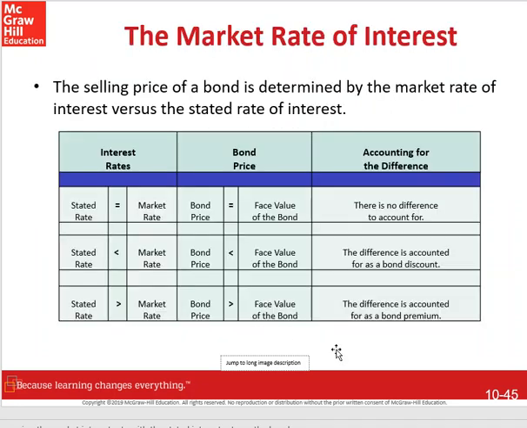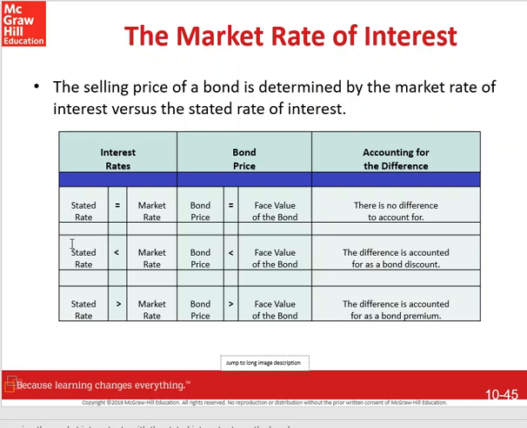So in review, as we look at bonds issued at face value, which was the simplest one we did first, and then we looked at bonds issued at a discount and bonds issued at a premium. To me, this table kind of overcomplicates it, but what it's trying to tell you is that if the stated rate of interest on our bond is the same as the market rate, the same as what everybody else is offering, then we just issue the bond at face value and we don't have to worry about any premiums or discounts.